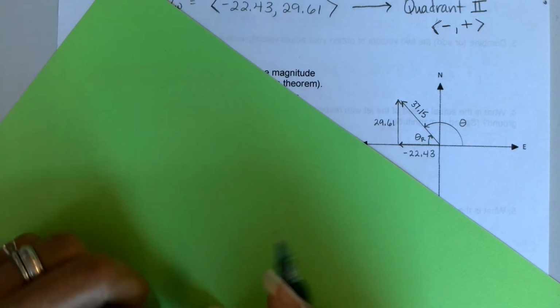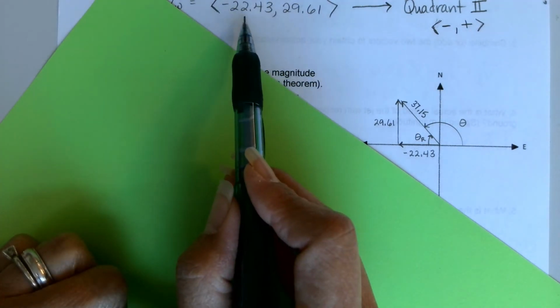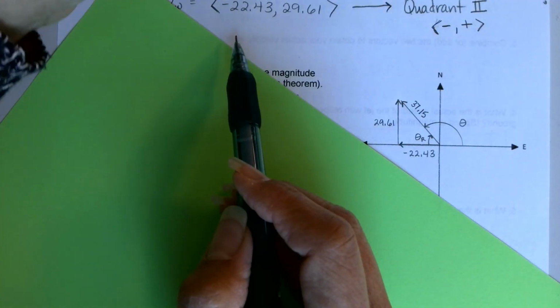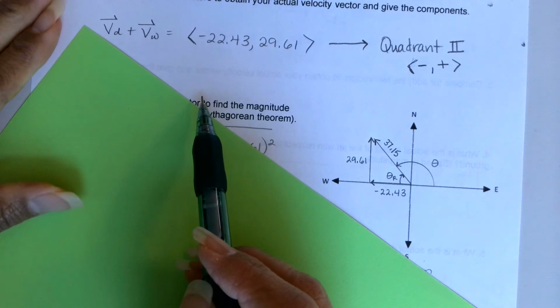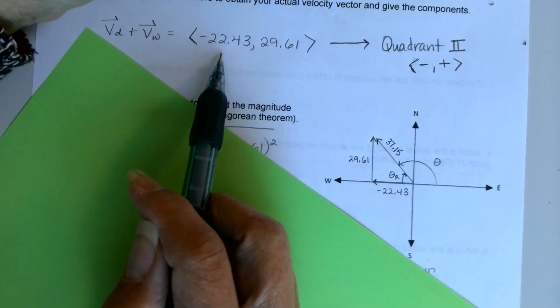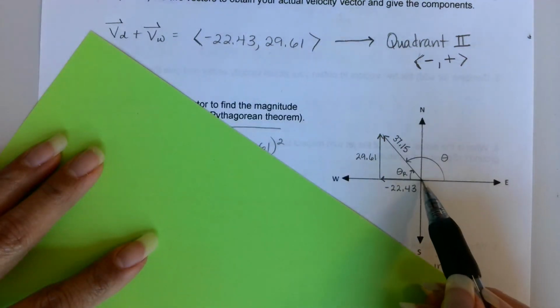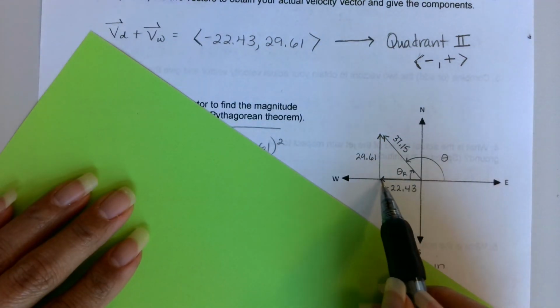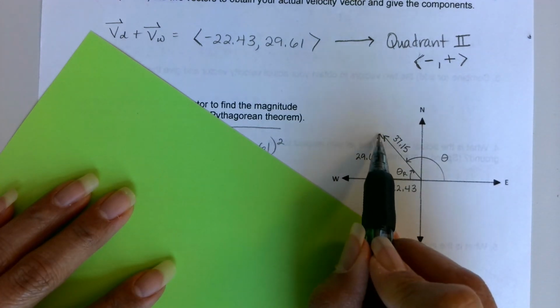Okay, so first you should have sketched. We are sketching the vector negative 22.43, comma 29.61. So that means here at 0, 0, I went to the left 22.43, and then I went up 29.61.